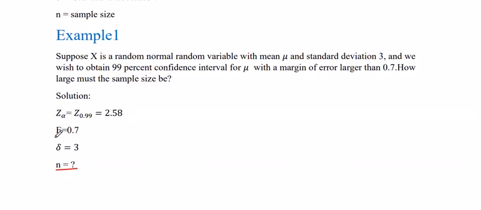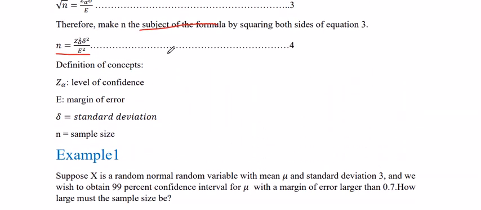Our E, which is margin of error, as you can see here, is 0.7. Then our sigma, which is the standard deviation, is 3. Then our n, we don't need the value of n. In other words, we are going to use this formula to find the value of our sample size n.